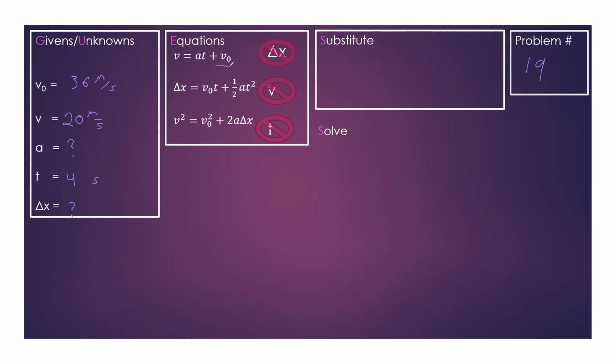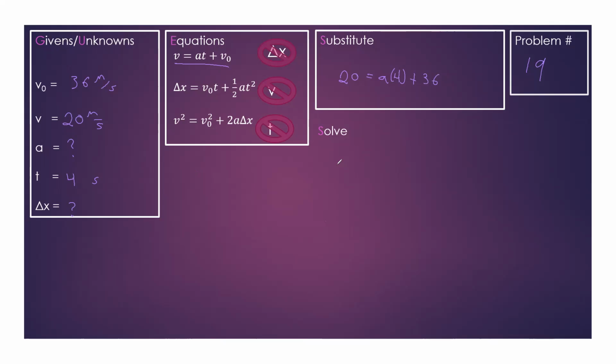I don't care about delta x yet, so I'm just going to go ahead and do v final equals v naught times t. Nope. I screwed all that up. Let's try this one more time. So I'm using v final equals at plus v naught.